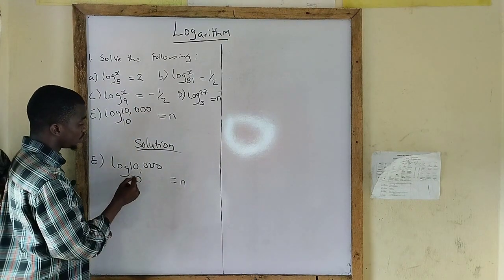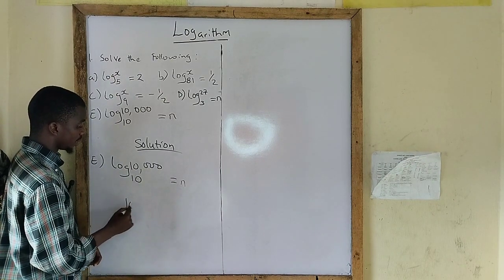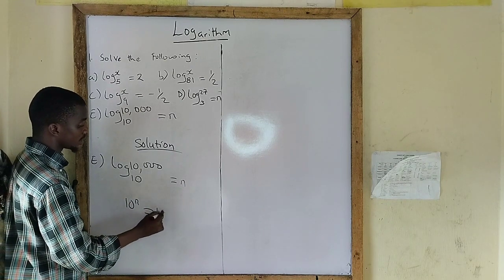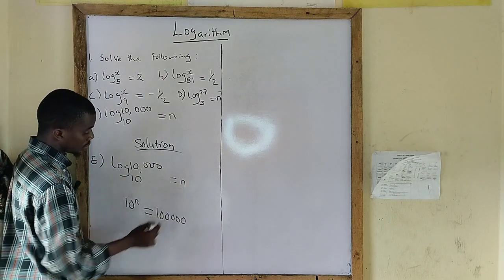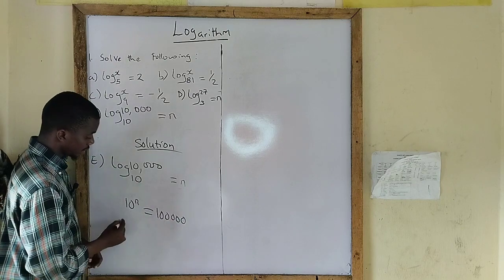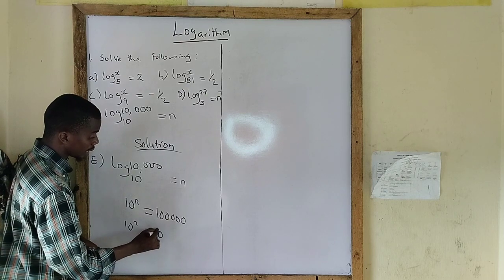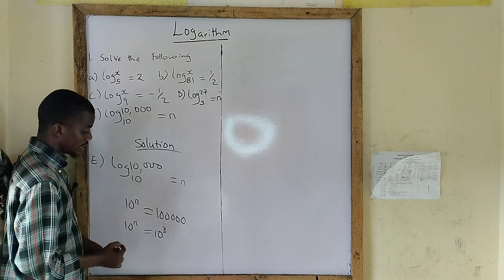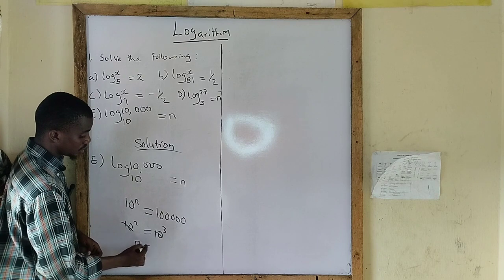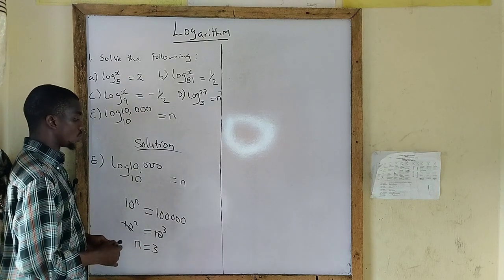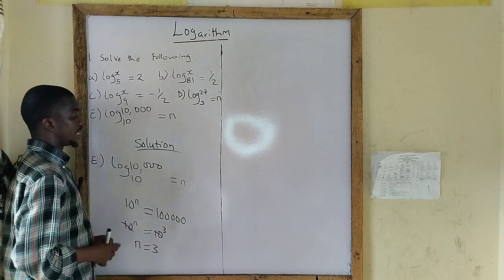If we write this in index form, or exponential form, writing 10,000 in its index form, we have 10 raised to the power of 4. Notice that the bases on both sides of the equation are equal, so they cancel off. So we have n is equal to 4. So 4 is the power which 10 must be raised to obtain 10,000.